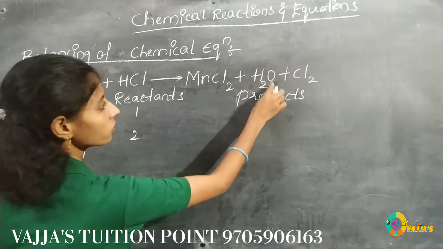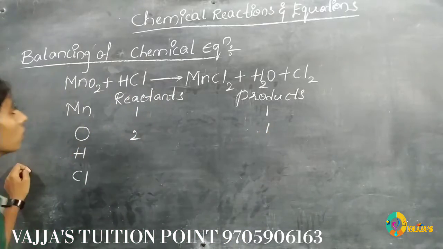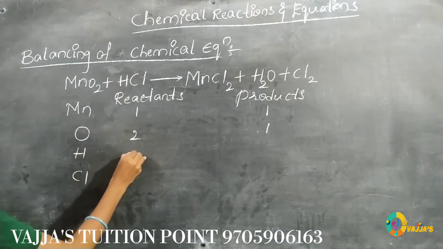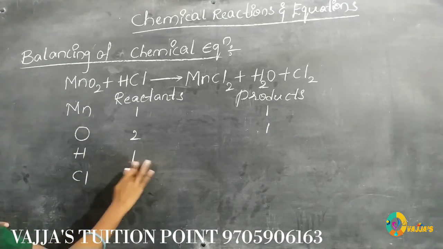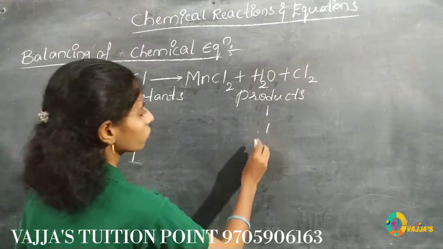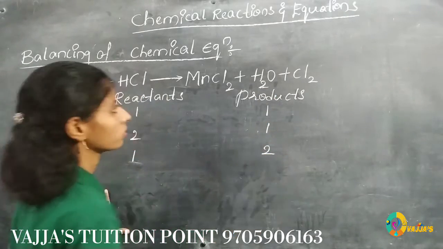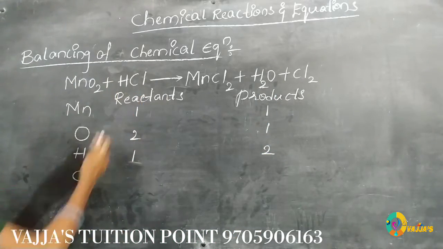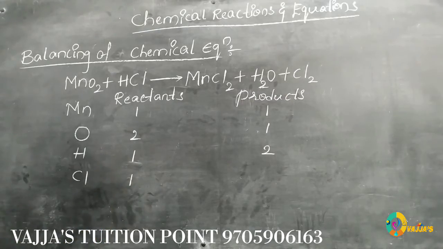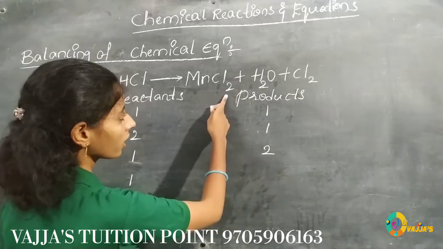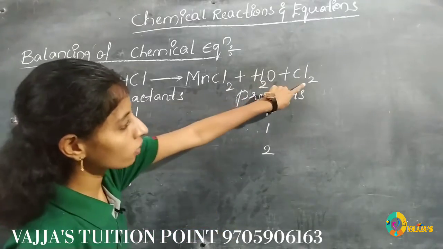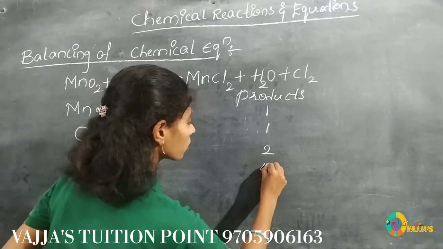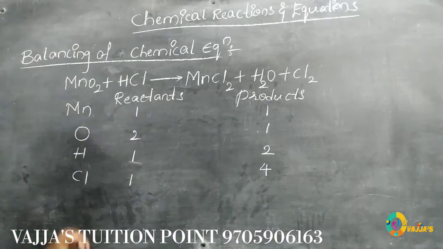On the product side we have only 1. Now hydrogens, on the reactant side we have 1. On the product side we have 2. Now come to chlorines. On the reactant side we have 1. On the product side we have 2 and here also we have 2. So total number of chlorines are 4 here. Now which is not balanced, that one we have to balance.